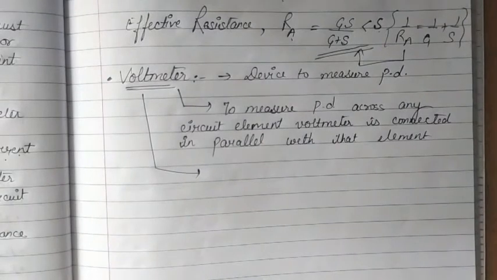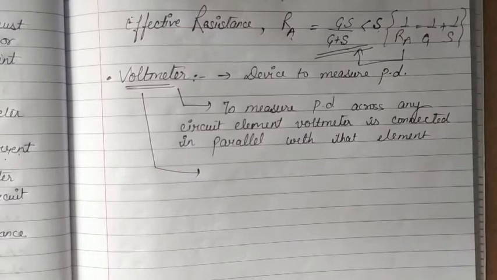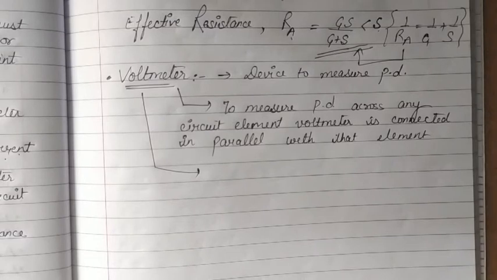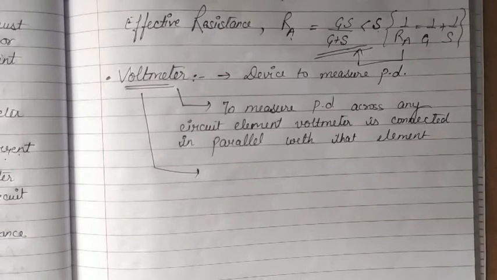Now the next thing to remember is that a small part of the total current passes through the voltmeter when it is connected in parallel. So the current through the circuit element decreases. Because of that, there is a decrease in the potential difference which is required to be measured.